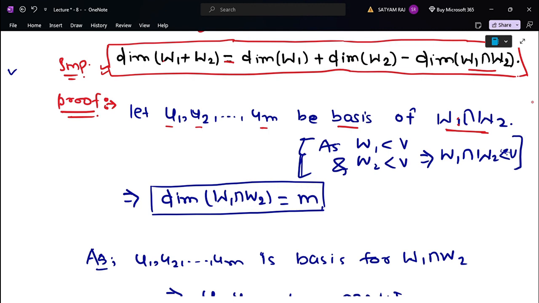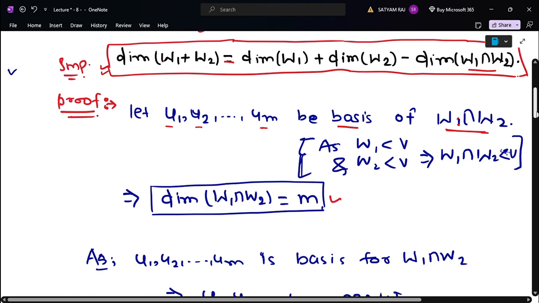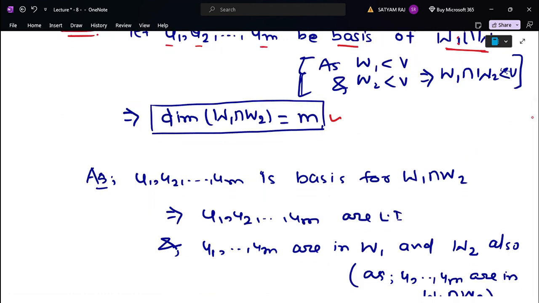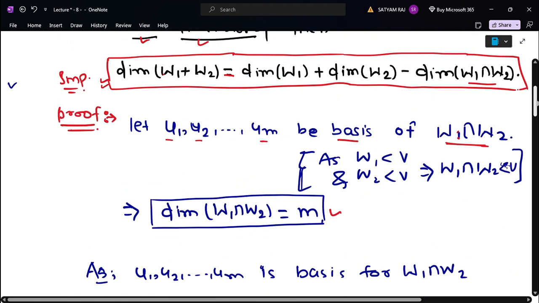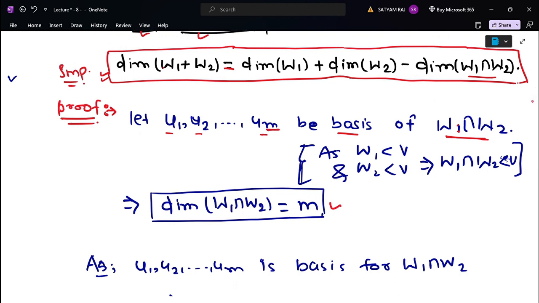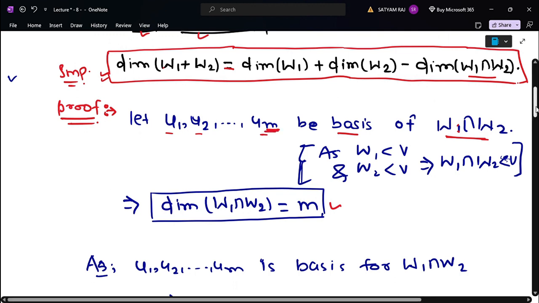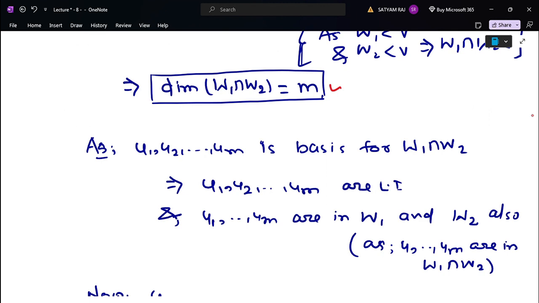So the cardinality of this basis will be the dimension. It means the dimension of W1 intersection W2 will be m, because we have m vectors in the basis.